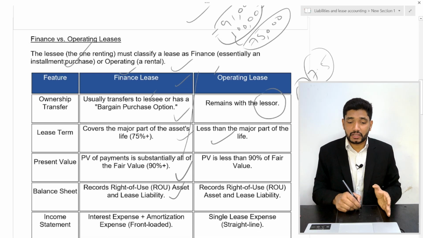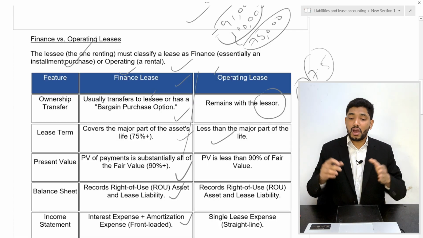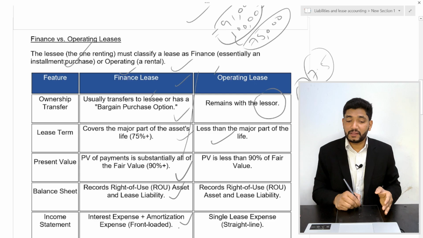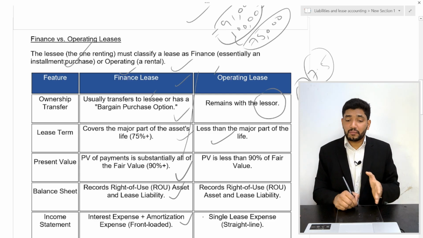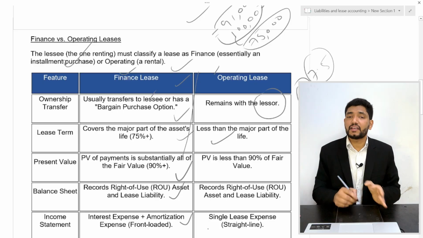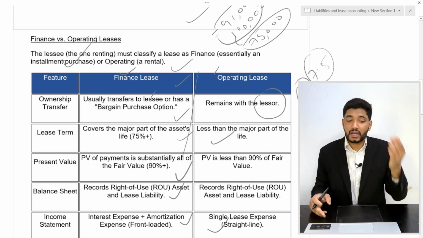Then when it comes to income statement, in the finance lease the payment will be the interest expense and you have to amortize expenses. When it comes to operating lease, it is a single lease expense that you have to show in the income statement.